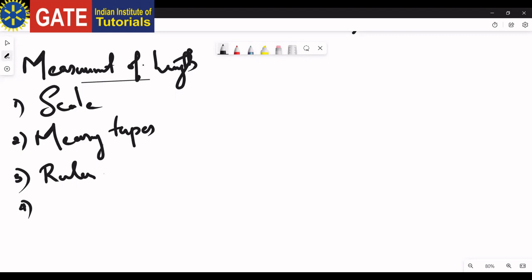If I have to measure the distance from here to Jayanagar, what do you do? You don't go with a scale. Think of your day-to-day life.